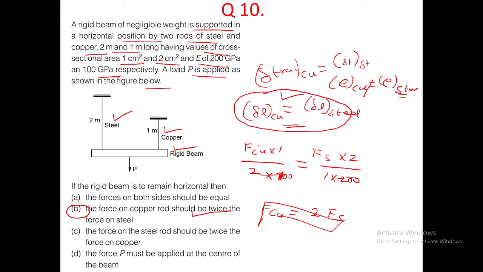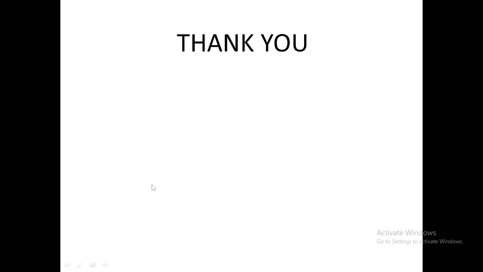So the elongation is equal, but the strain is not equal. Why? Strain is the change in length divided by the original length. The change in length is equal, but the original length varies, 2 meters and 1 meter. So strain is not equal, but deflection is equal. So the answer is B. Thank you.